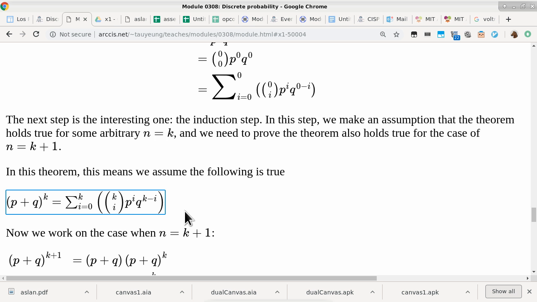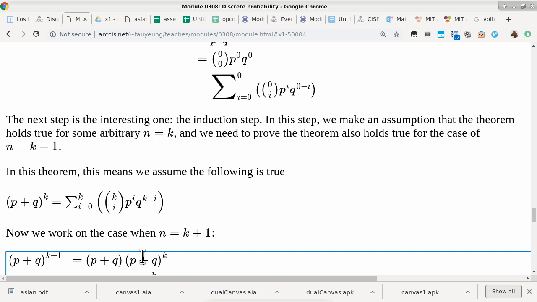I'm just saying that if the theorem is true for some arbitrary k, I'm assuming that the theorem is holding true already for that one specific value of k. So now I want to know, what can we say about p plus q, the whole thing, to the power of k plus 1?